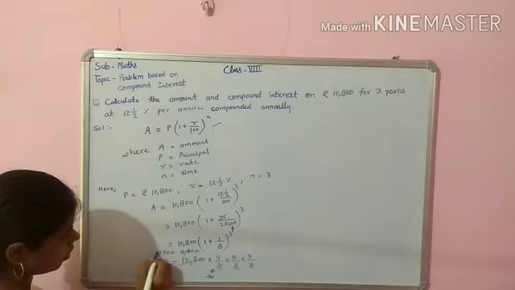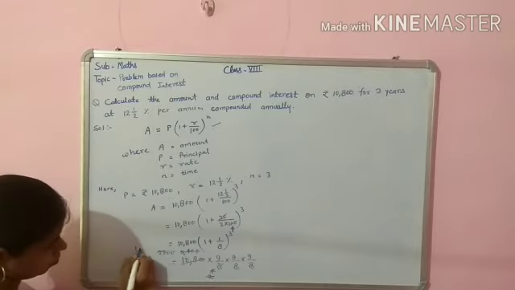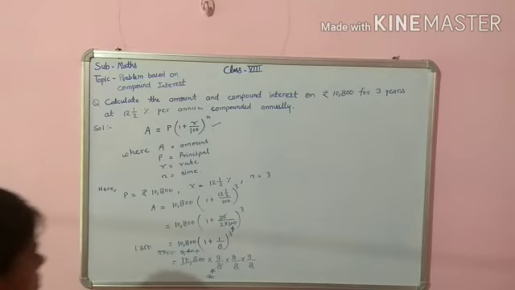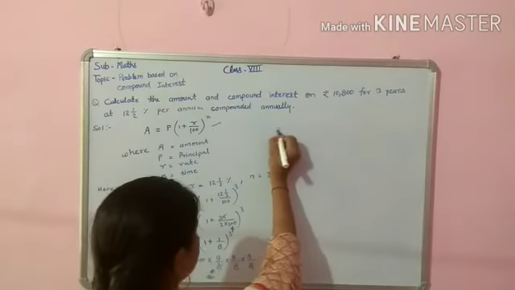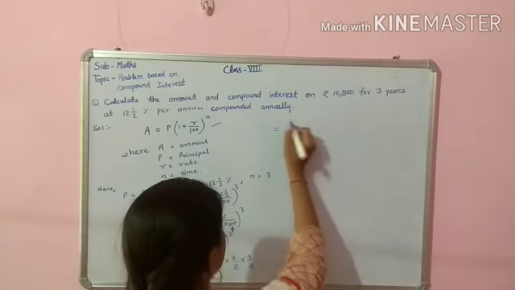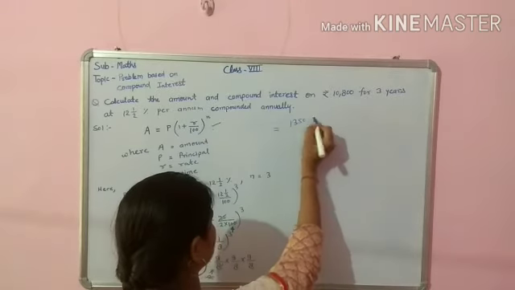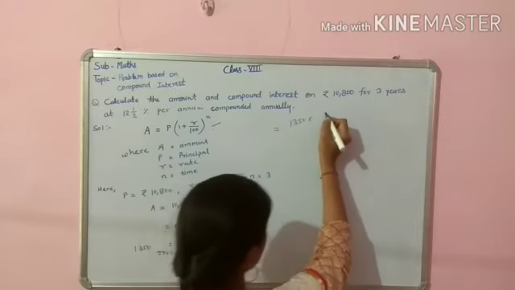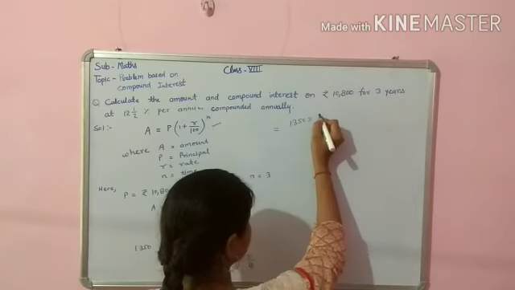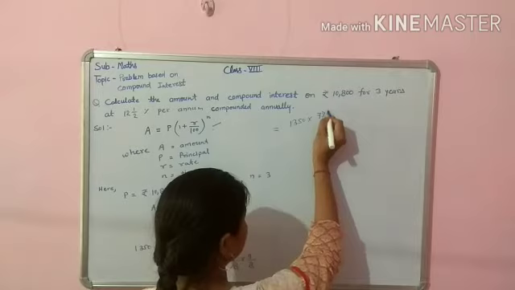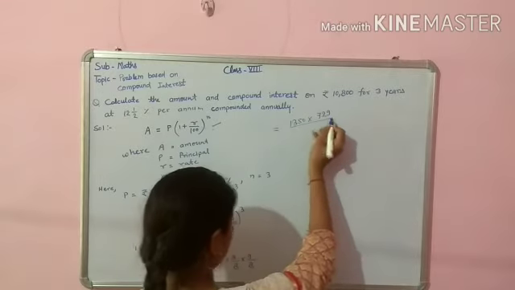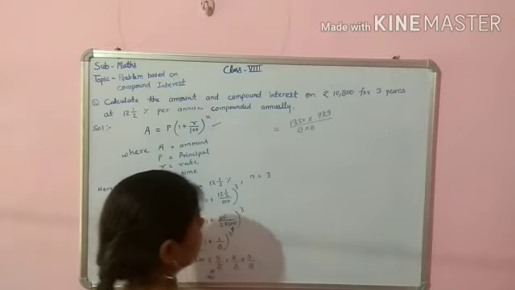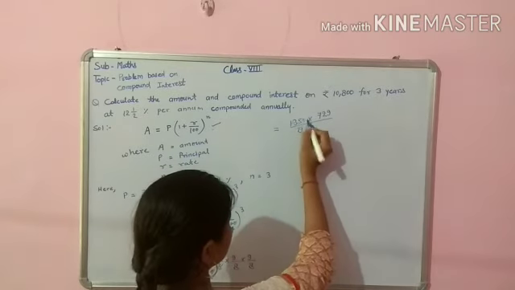We also again divide it. 1, 3, 5, 0 into 9 into 9 into 9. What you get? 729 upon 8 into 8. You can divide it by 2 again.